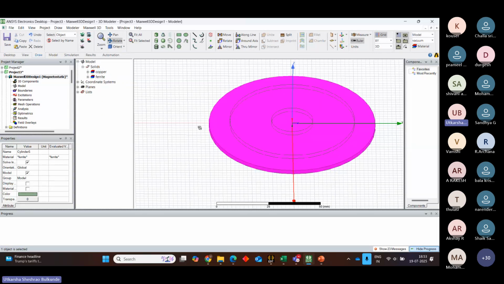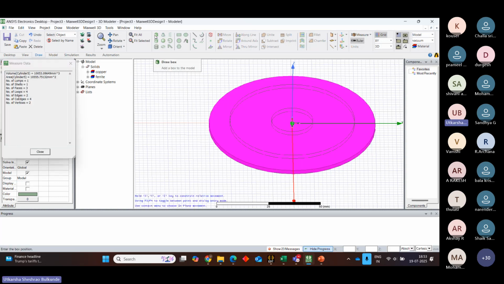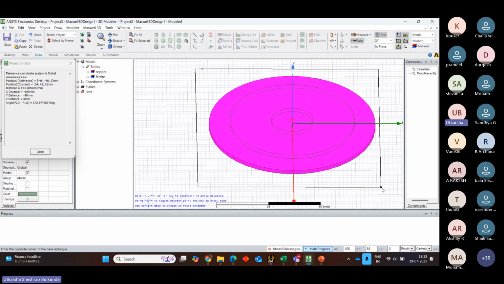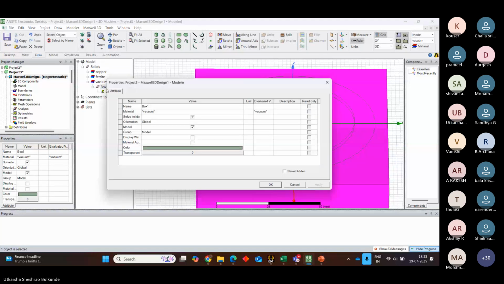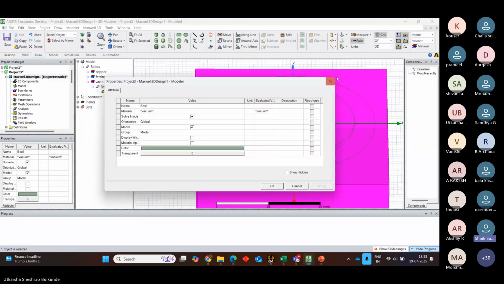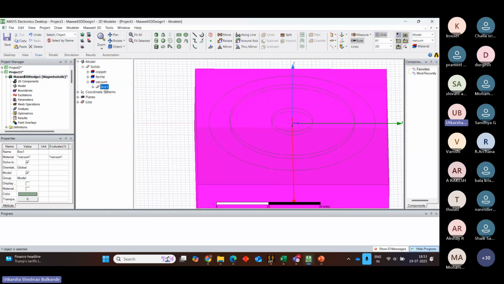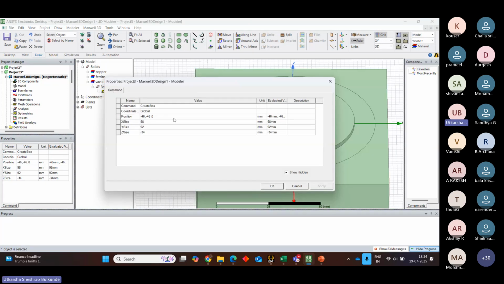Then comes the aluminum sheet, right? So for the aluminum sheet, I'm making this in the form of a sheet because most commonly a sheet form of aluminum is available, right? So we are making this in sheet form, not in circular form. Okay.